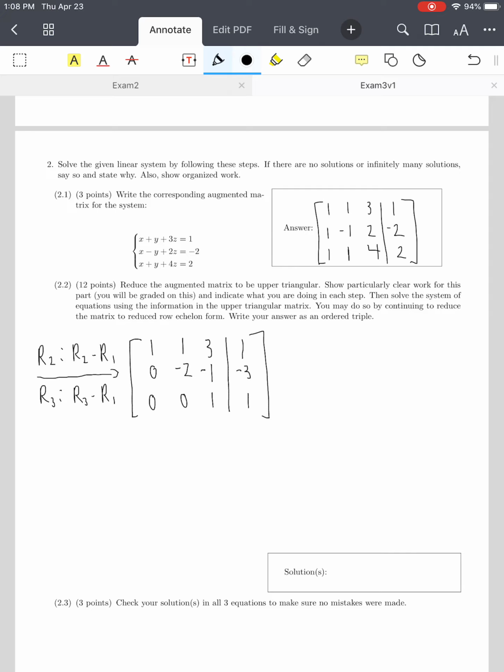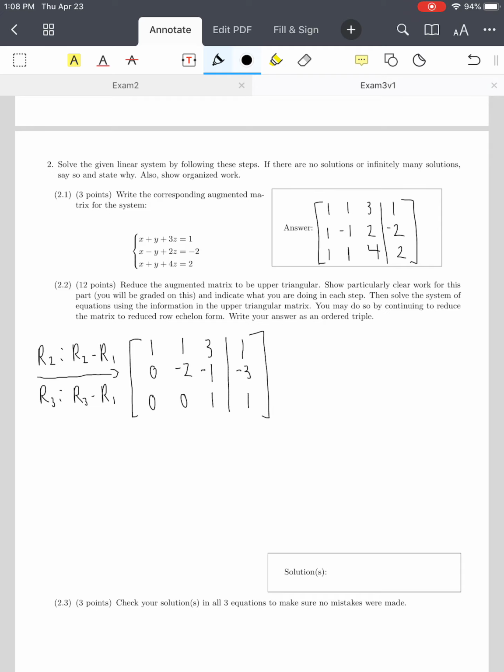Now we want to finish solving. We can either finish solving by making it reduced row echelon form, or we can just pull everything out of the matrix from here. I'm going to make it reduced row echelon form just because I like doing that more. To do that, I'm going to make everything above the main diagonal 0, and then everything on the main diagonal has to be a 1.